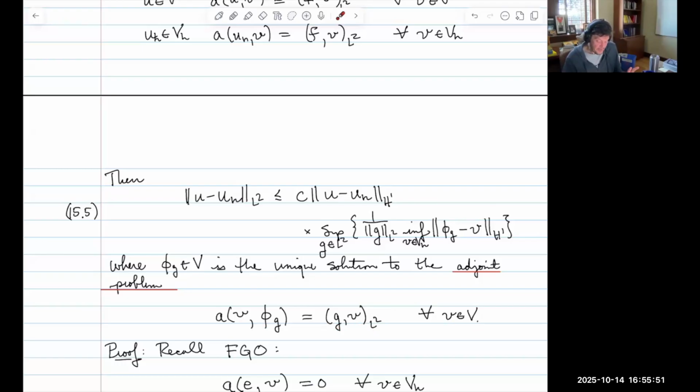So you're given a function g. If I'm given a function g, then I can ask, what is the solution to this weak form problem? The only difference from the usual problem that we face is that my unknown is in the wrong spot. It's put into the right-hand slot rather than the left-hand slot.